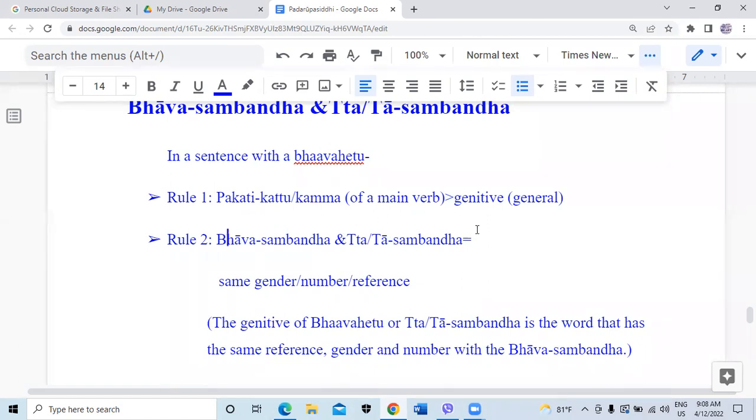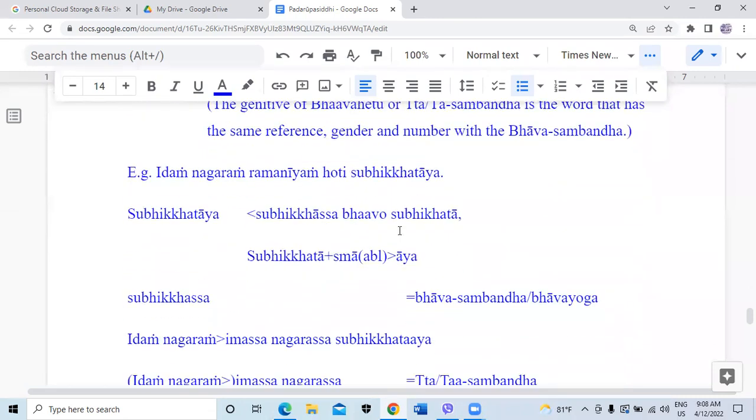Tata Sambandha word, because of Tata space. And we cannot see the gender of that word. For example, Subeka. We cannot see the case ending of Subeka, right?